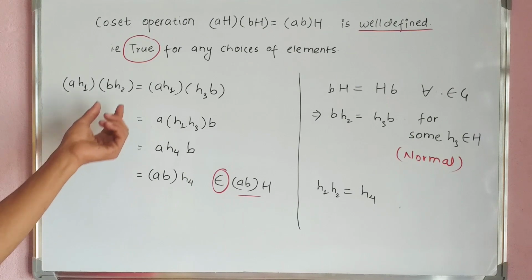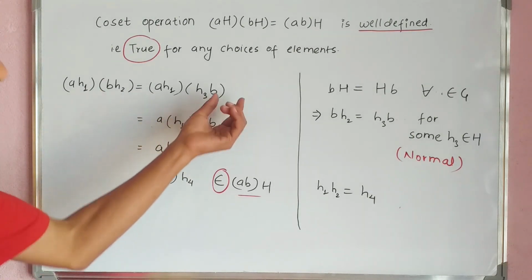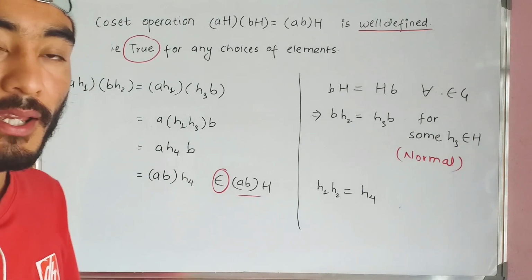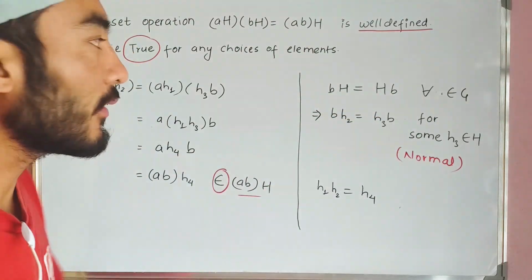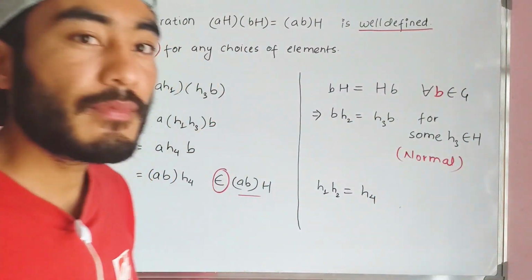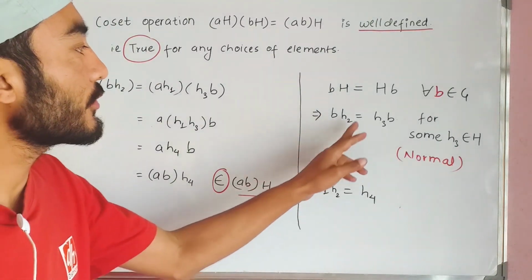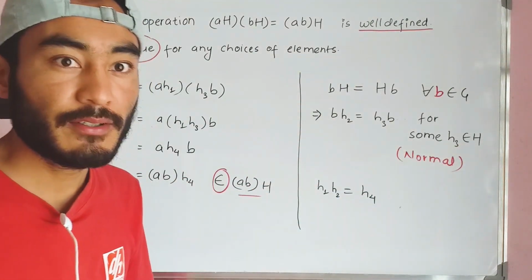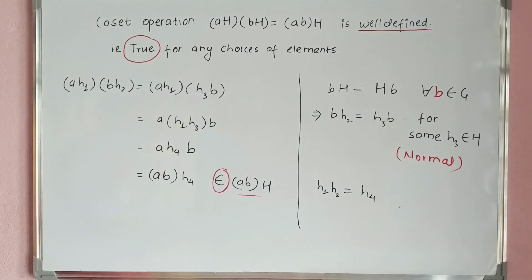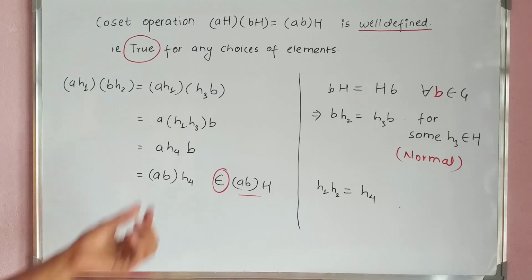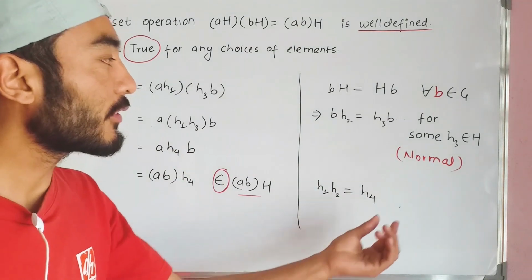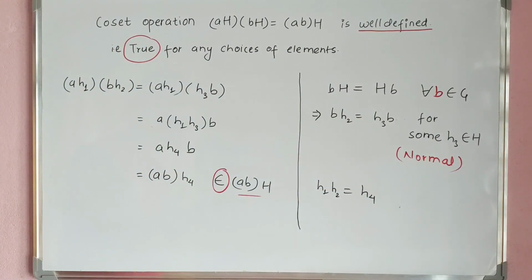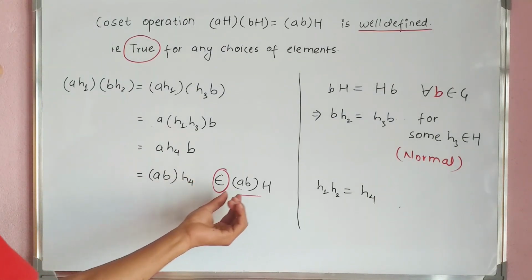Then ah1 bh2 = ah1 h3b, because H is a kernel, and for a kernel we proved that the left coset bH equals the right coset Hb for all b belonging to G. Then we must have bh2 = h3b for some h3 in H. Then we have ah1 h3b = ah4b, because H is a group, and by the closure axiom h1 h3 = h4 for some h4 in H. And this gives us abh4 by the associative property, and abh4 belongs to abH.